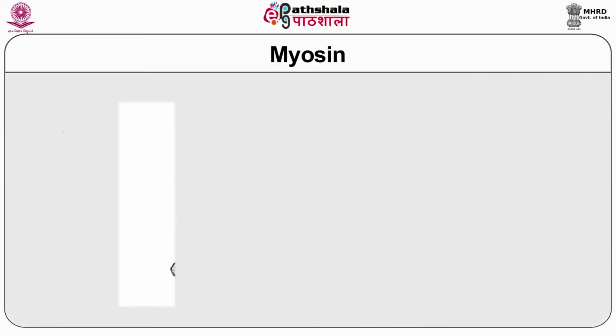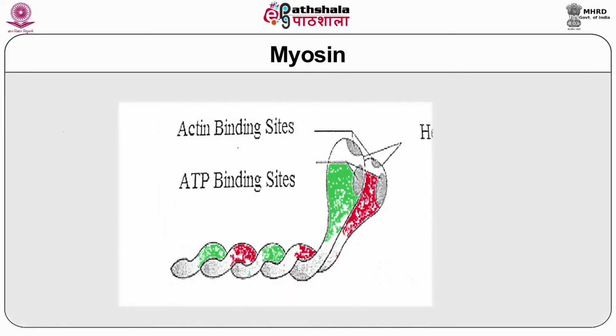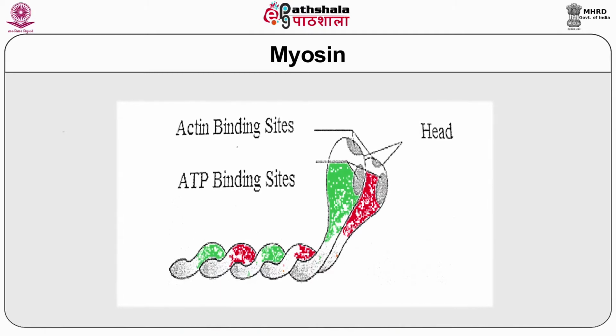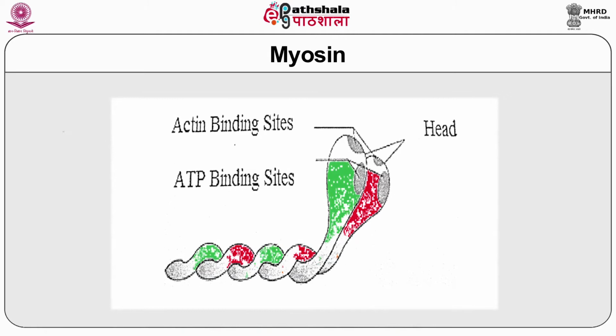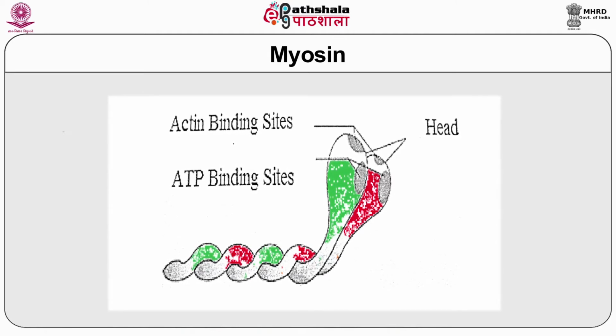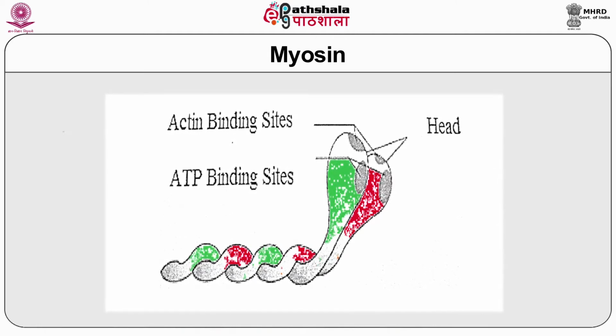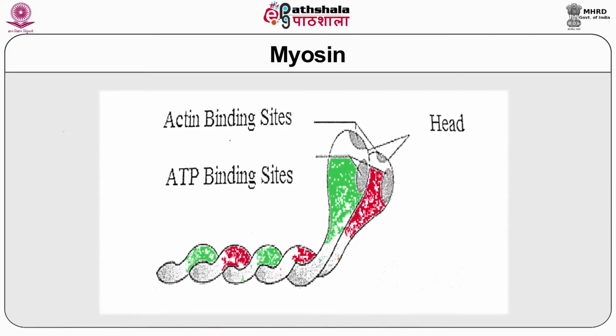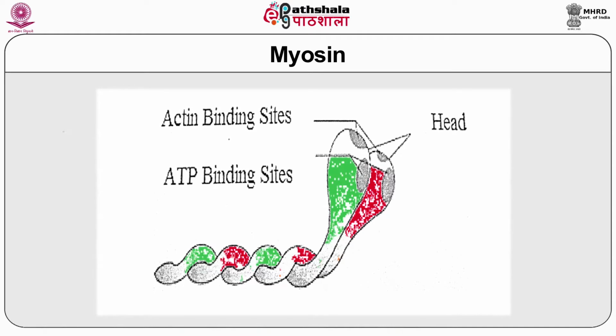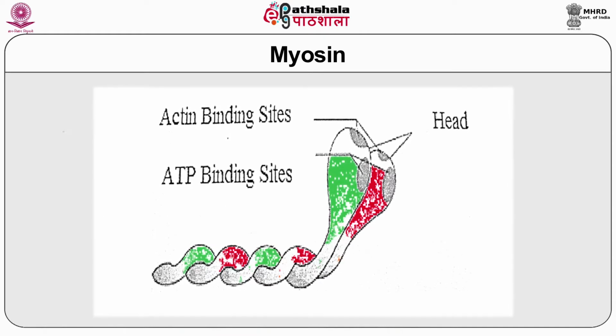Now, let us talk about myosin. It consists of the thick filament and each thick filament has 200 or more myosin molecules. There are various types of myosin proteins, but in skeletal muscle, myosin type 2 is present. It has a light chain and a heavy chain.